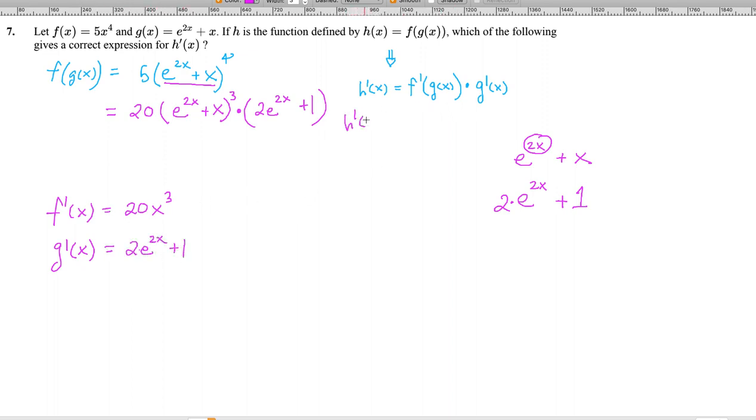H prime of x is equal to f prime of g of x, which is 20, but instead of writing x right here, I write what g of x is defined as, which is e to the 2x plus x, times the derivative of g of x, which is 2e to the 2x plus 1. And I get the same thing in both cases. This is your answer.